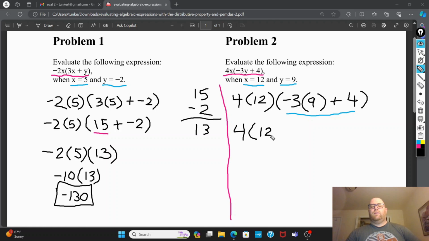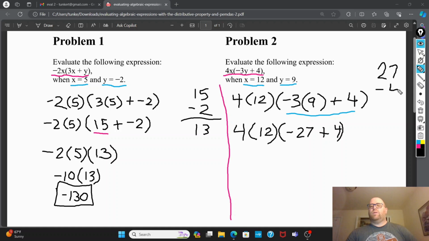And then we're going to do the multiplication first inside the parentheses. So that's negative 27. 3 times 9 is negative 27. A negative times a positive, plus 4. Now we're adding numbers with different signs. Now the 27 here is further away from 0 on the number line. So we're going to take 27.